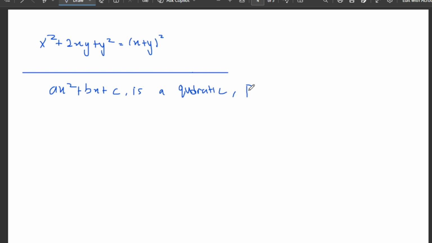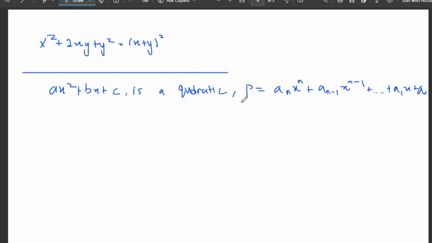Also, I forgot to tell that a polynomial P is said to be a_n x to the n, plus a_(n-1) x to the n minus 1, plus and so on until a_1 x plus a_0.